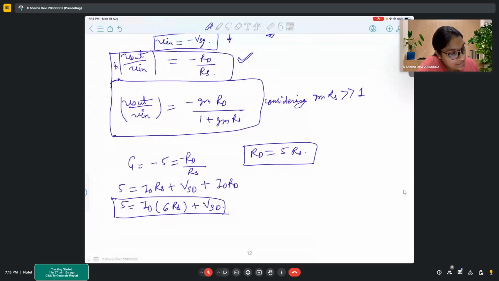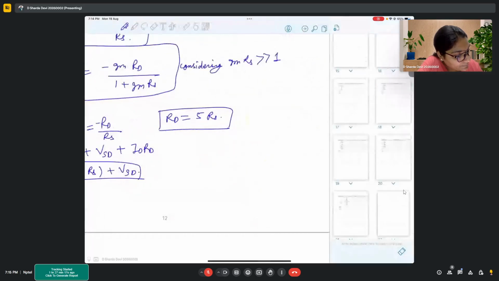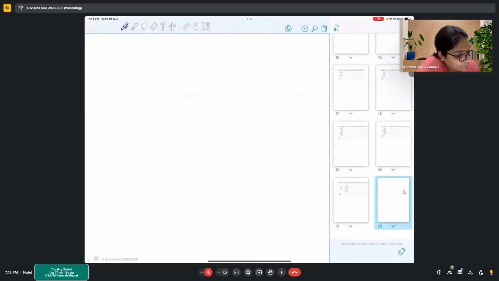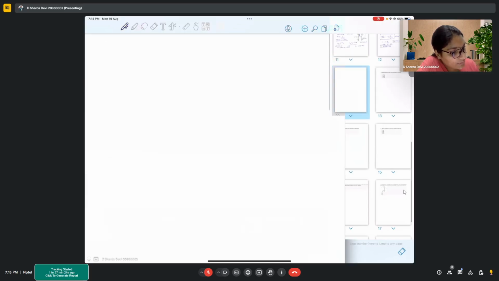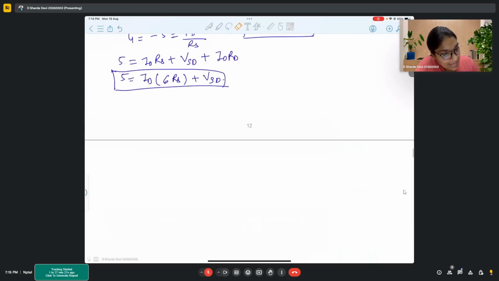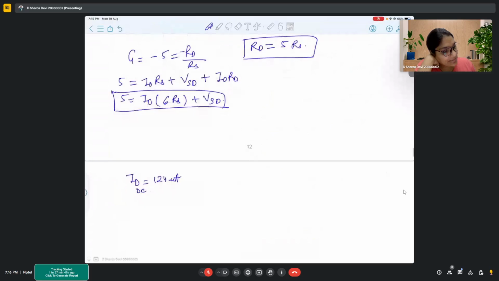So this is ID. The ID that is given to us as 124 microamperes is IDC. But since it is an amplifier with a small signal V in voltage, there will be a small signal current also.